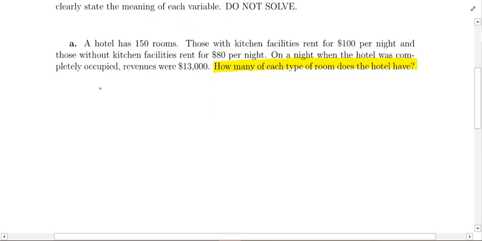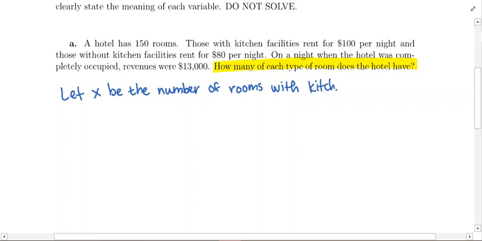All right, so let's define our variables. We're going to let x be, because remember, we're looking for how many, the number of rooms with kitchen facilities. And then we're going to use a different variable because remember, they may not have the same number of each room.